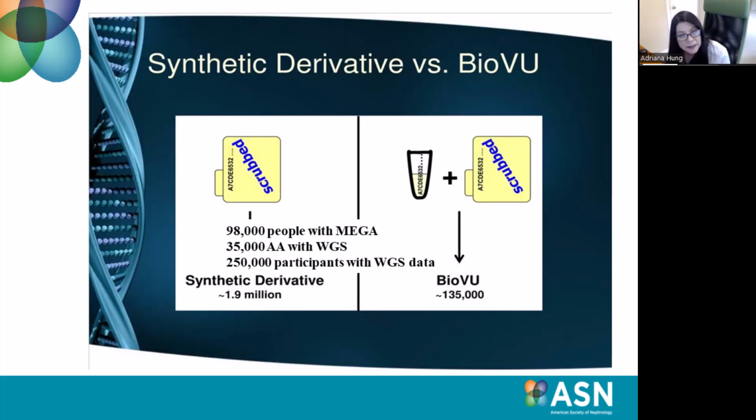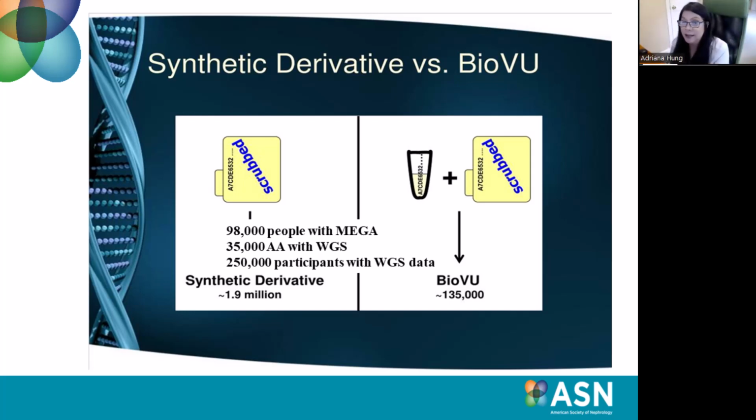Next slide. I just wanted to say that there's another biobank at Vanderbilt called BioVU that is also very good. The best aspect of BioVU is that they keep a mirror image of the electronic health record, which is called the synthetic derivative. That provides you the ability to construct your phenotypes in a very granular way.